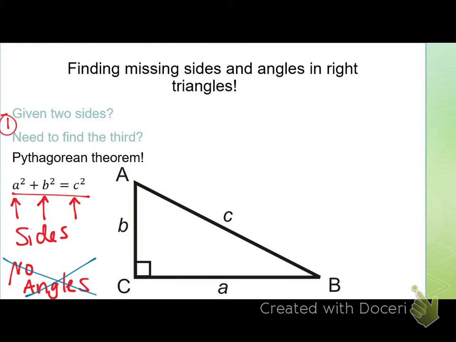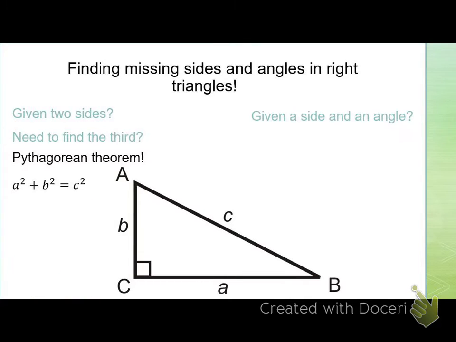All right, there are two other scenarios. One of them is if you are given a side and an angle. This is scenario 2. If you are given a side and an angle, so go ahead and write in scenario 2. You could be given a side and an angle. And you can't plug an angle into the Pythagorean theorem.